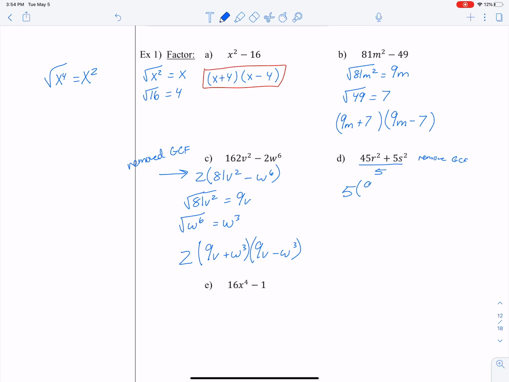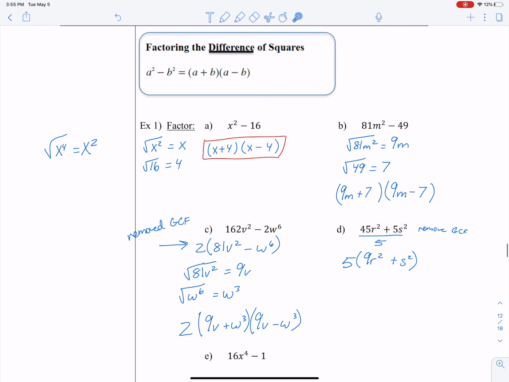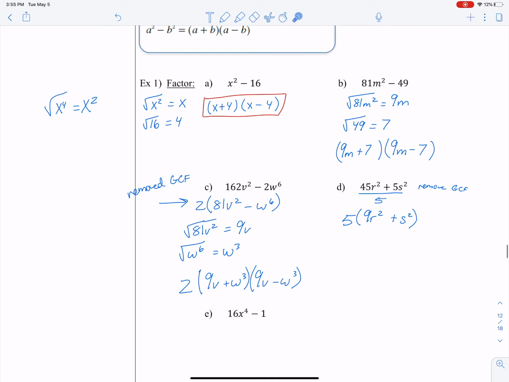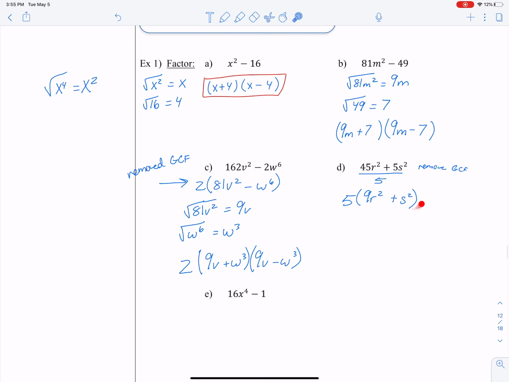This leaves me with 9R squared plus S squared. And then that's it. One important thing to note about all of these, they all have negatives. If instead of a negative you have a positive here, then you can't use this method. And then that's your final answer.